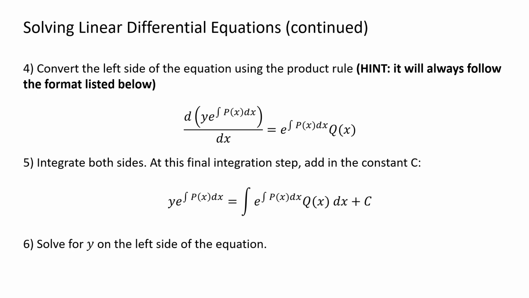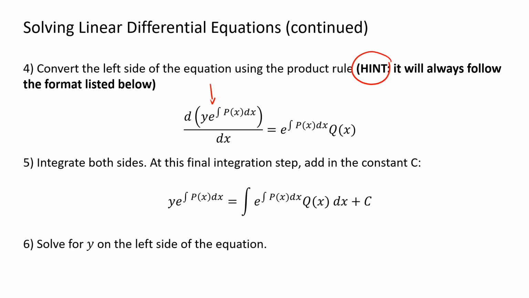After you do that, remember you have to convert the left-hand side of the equation using the product rule. And I provided you this hint that it follows the format listed below. What I mean by that is the two variables inside the brackets for the product rule are always going to be y, or whatever that function might be, when it was I in our last example, multiplied by your integrating factor.